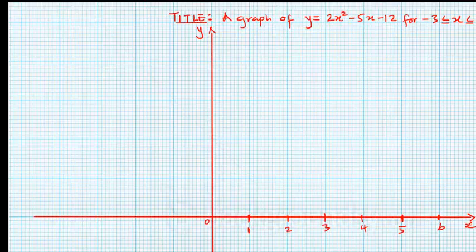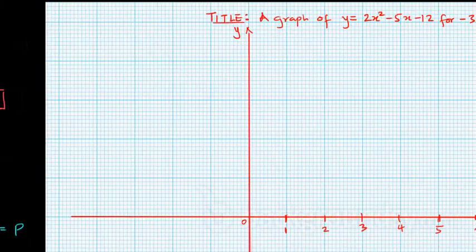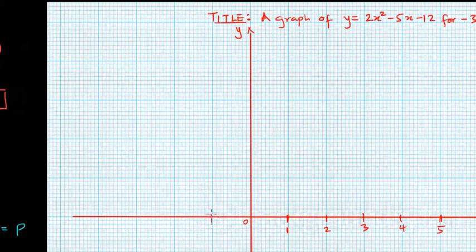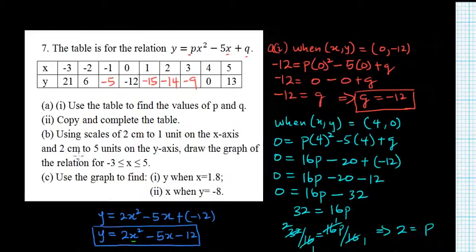In the negative direction of the x-axis, the highest value is minus 3, so we must get to minus 3. Here we'll have minus 1, minus 2, minus 3. We can stop. Let's go to the y-axis. On the y-axis, we have to use 2 centimeters to 5 units. The highest positive value on the y-axis is 21, and the highest negative is minus 15.